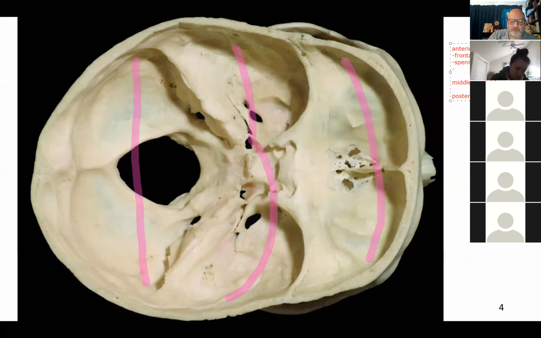And what's the third? The one with the big sail that points out at the top. Ethmoid. There you go. Excellent. So those three bones, the frontal, sphenoid, and ethmoid, help to form the anterior cranial fossa.